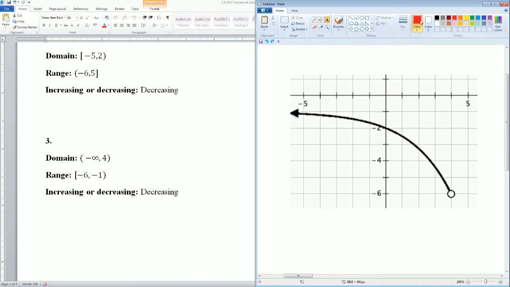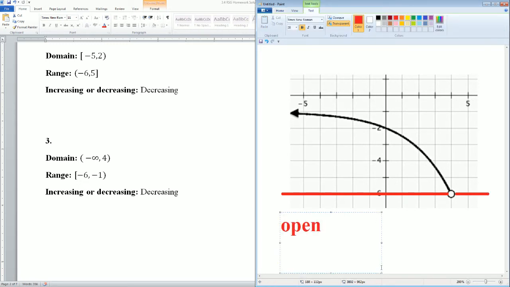Now let's look at the range. Right? It looks like it is open here. Right? It is open here. Looks like it is open here.